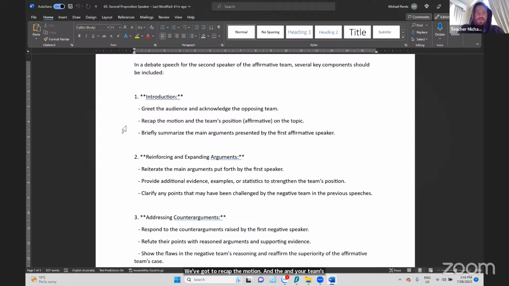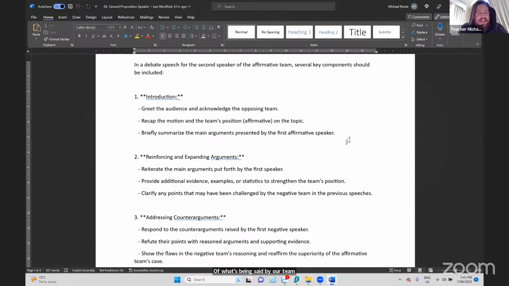So remind the audience, we are the affirmative team. We believe the motion. And then we want to briefly summarize the main arguments that were presented by the first speaker of the team. So again, we're constantly reminding the audience of what's been said by our teammates.